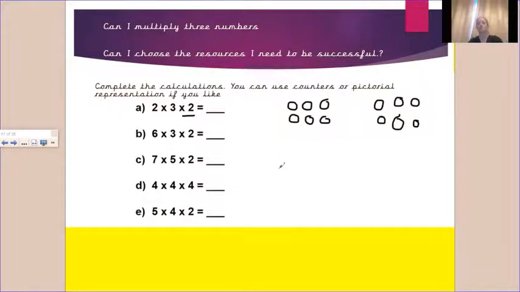Okay, so we have got 2 times 3 times 2, and I can see that 2 times by 3 gives me 6, and then 6 times by 2 gives me 12. So the answer to this question where you're multiplying 3 numbers is 12, because it is 2 times by 3, which I work out first, and then I times that answer by 2. So please have a go at the next questions.